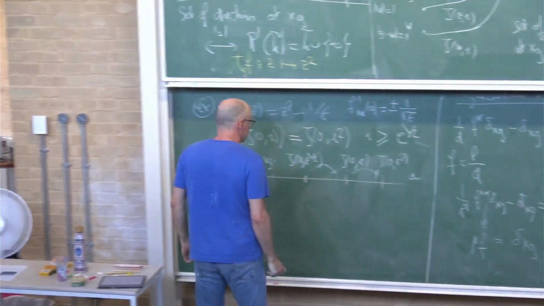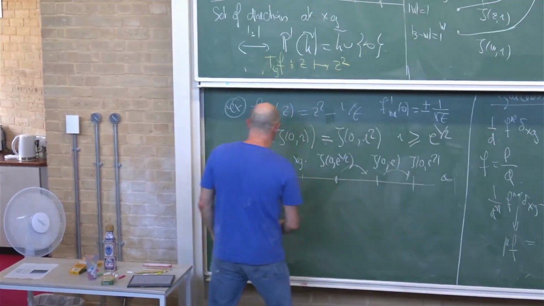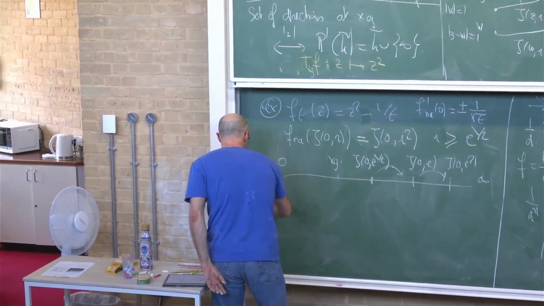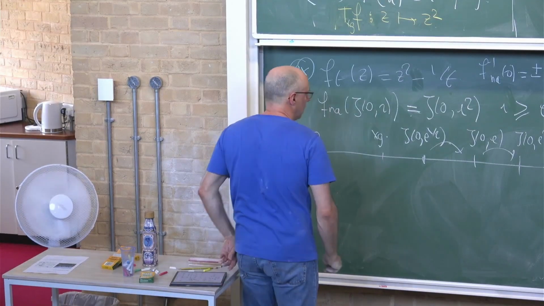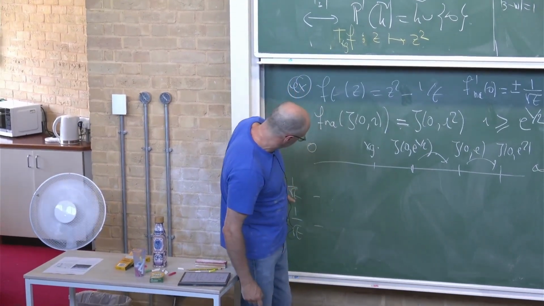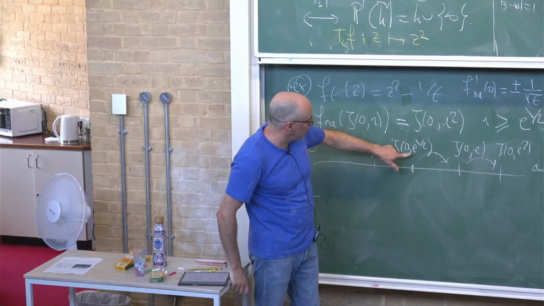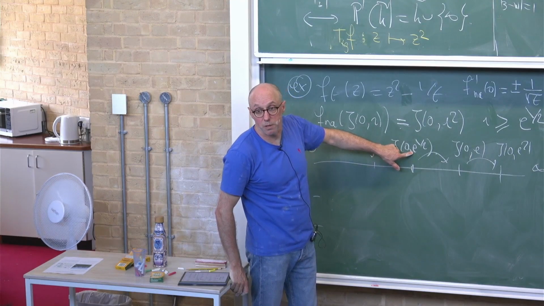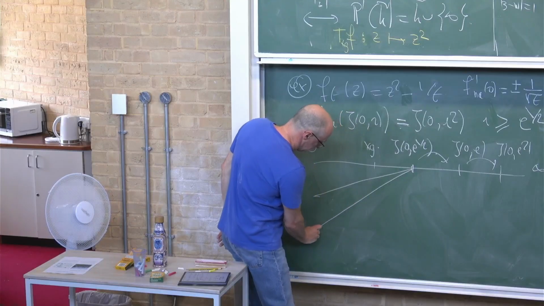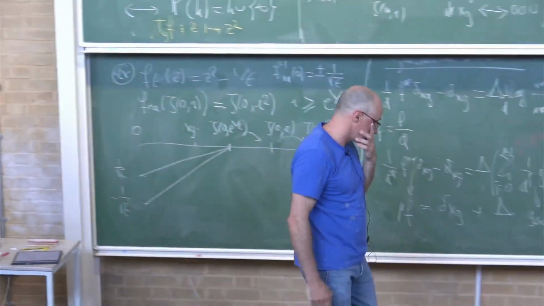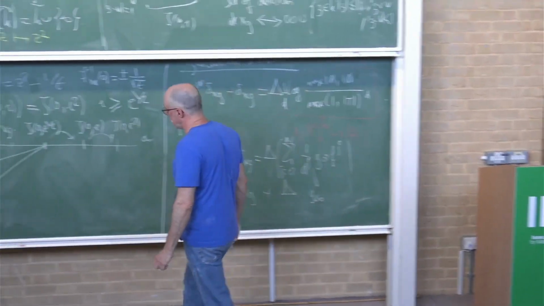So where are these 2 points? These 2 points are in my field L, and the distance between the two is exactly e to the square root of e. And so the geometry looks like this this time.